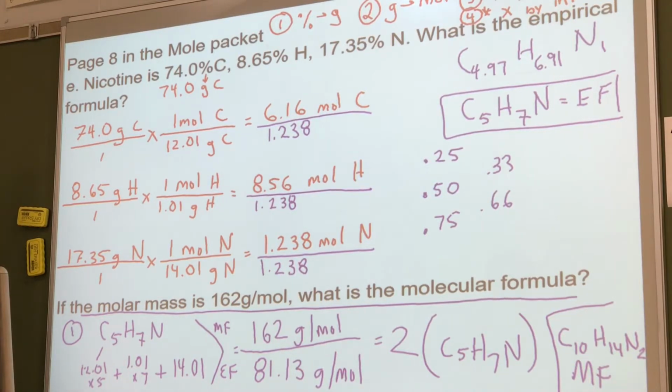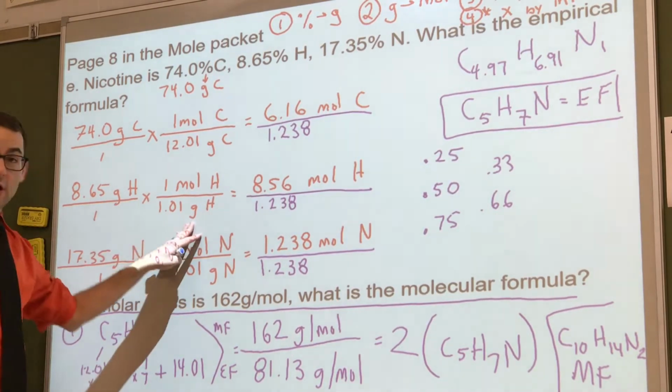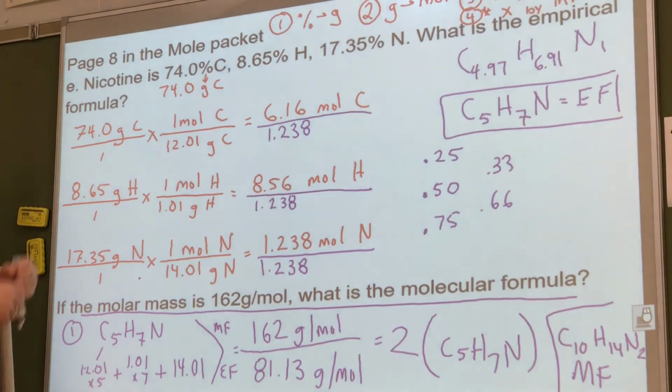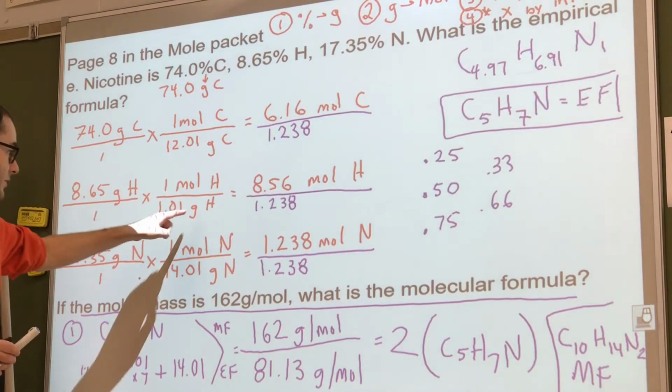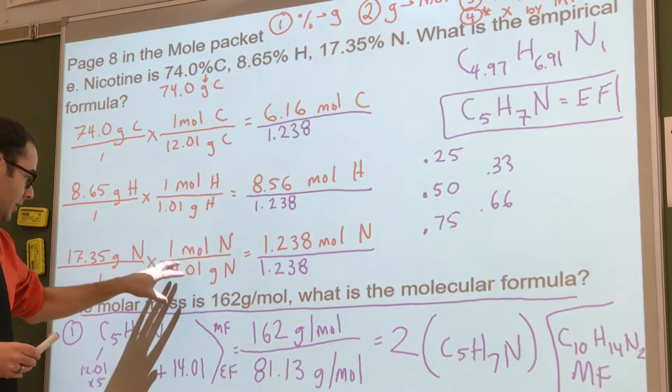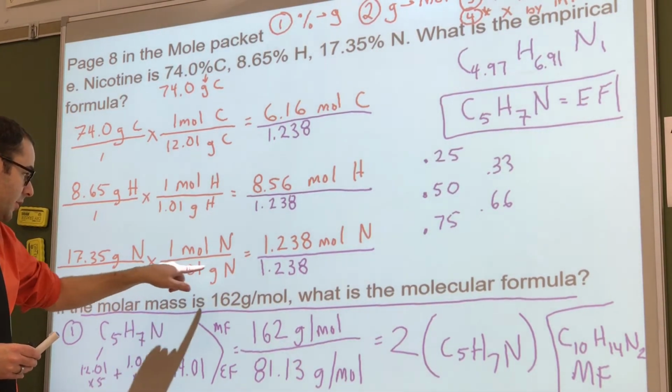Any questions with that? Yes. Why don't you use grams per mole instead of grams? Like here we used grams, and then here we use grams per mole? Good question. In a way, you're always using grams per mole, all right? This is the molecular mass off the periodic table, grams per mole.